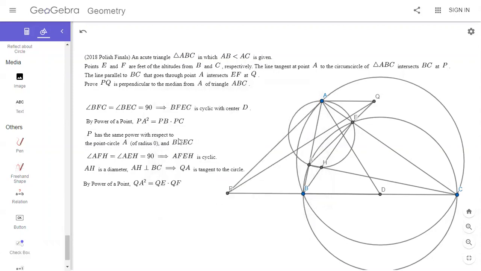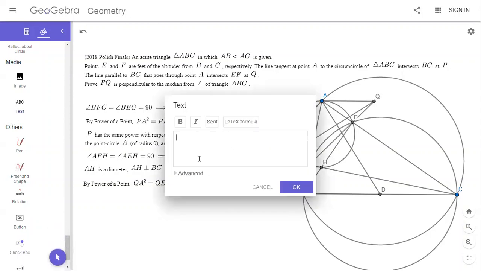Actually, I might as well just copy this statement, but replace P with Q, right? And so PQ has to go away.